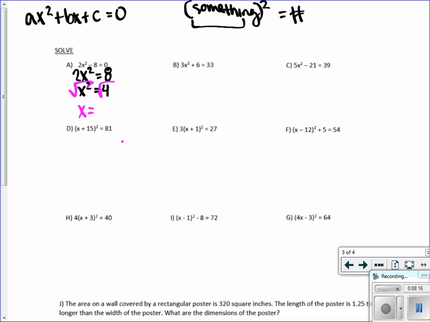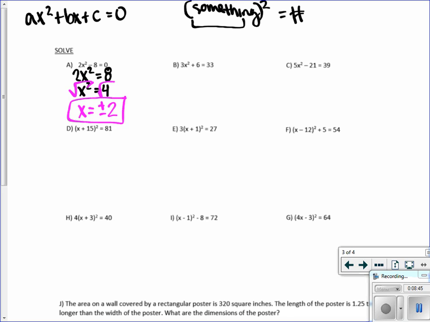And then what's the square root of 4? What did we just talk about though? Positive 2 and negative 2. So positive and negative 2. If you just tell me positive 2, you just missed half the answer. You have to make sure you're including both.